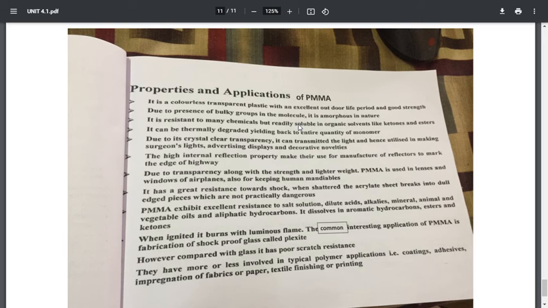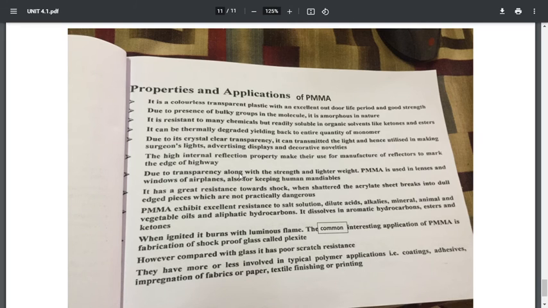Due to its crystal clear transparency, it can transmit light and hence is utilized in making surgeons' lights, advertising displays, and decorative novelties. The high internal reflection property makes it useful for the manufacture of reflectors to mark the edge of the highway. You must have seen them on the roads.